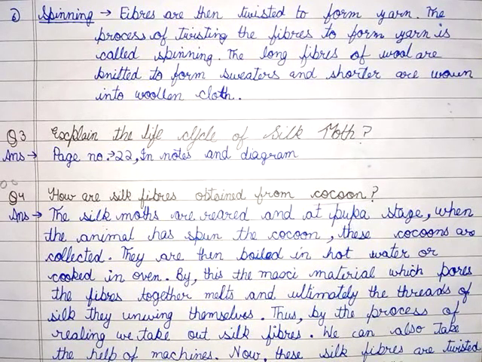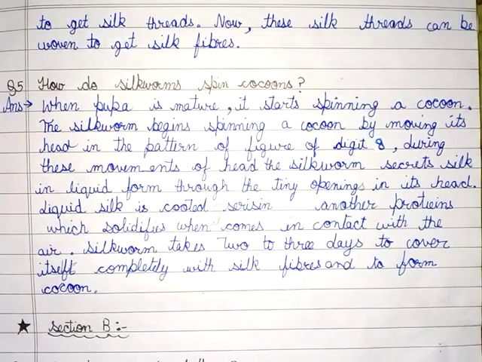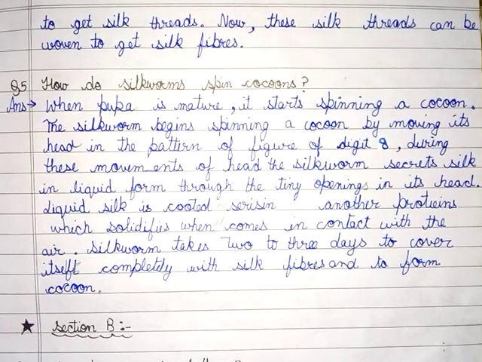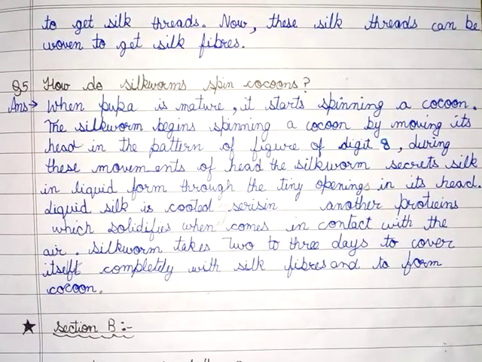By this, the gummy material which holds the fibers together melts, and ultimately the threads of silk unwind themselves. Thus, by the process of reeling, we take out silk fibers. We can also take the help of machines. Now these silk fibers are twisted to get silk threads. Now the silk threads can be woven to get silk fabric.